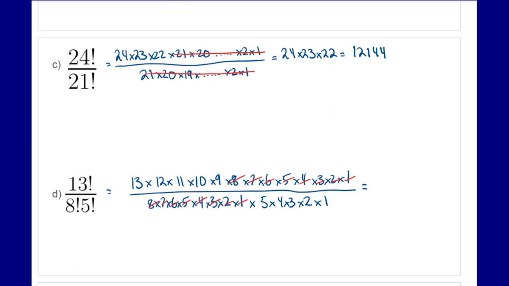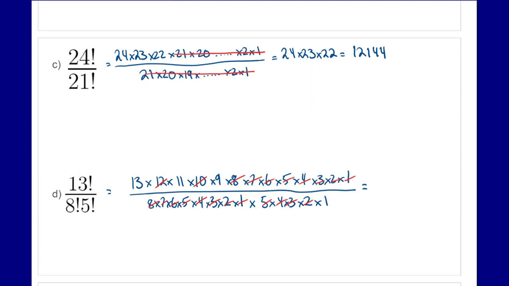So I'm left with 13 times 12 times 11 times 10 times 9 divided by 5 times 4 times 3 times 2 times 1. Is there anything else I can cancel out? Well, 5 times 2 is 10, so I can cancel out 5 times 2 and 10 on the top. 4 times 3 is 12, so I can cancel out the 12.